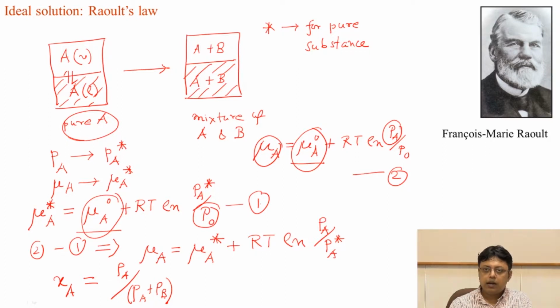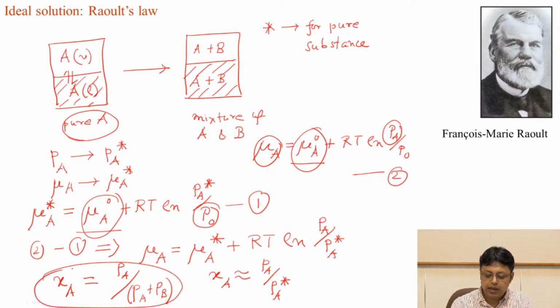Now Raoult made an approximation. He said that this mole fraction we can approximate as XA equals PA by PA star. Remember that this is not exactly correct, because actually XA, the mole fraction, should be equal to the partial pressure in the mixture divided by the total pressure.